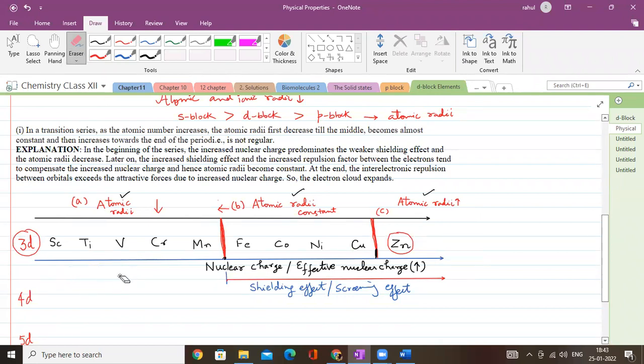I repeat, there is one thing which actually increases with increase in atomic number, and that is nothing but nuclear charge. Nuclear charge, or there is another term which is called effective nuclear charge. Its main motive is only one, that somehow the size should be decreased. So the same thing is here. When you are trying to move from left to right, the effective nuclear charge is actually decreasing, or sorry, increasing from left to right.